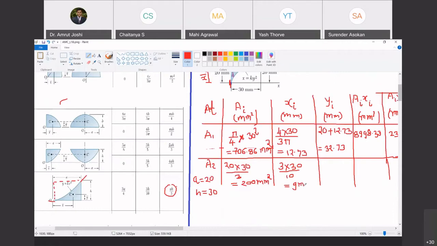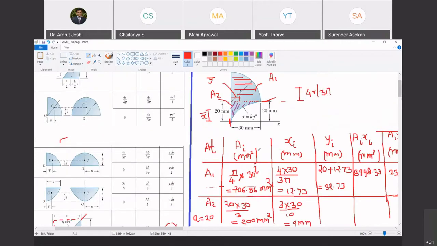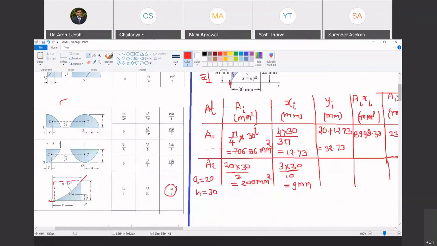Yes, sir. Now tell me what is y bar. So for A2, that is this parabolic area, y bar is nothing but x bar if I have to use this formula. Are you with me? Yes, sir. And that is 3a by 4. So I am going to use 3 into 20 by 4. So that is 15 mm. Happy?